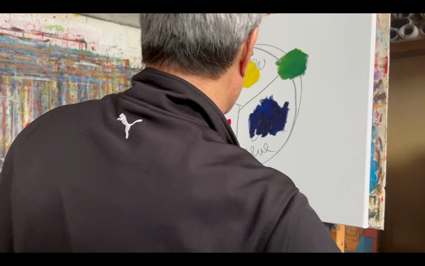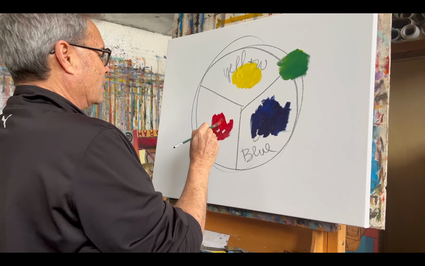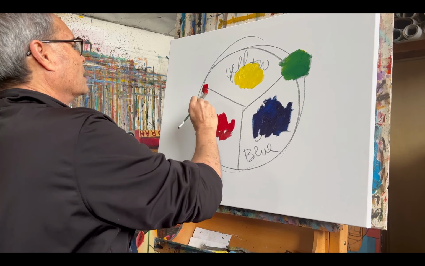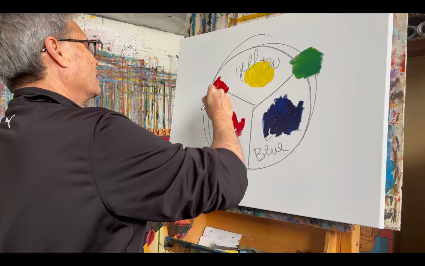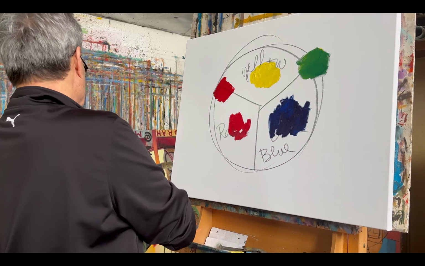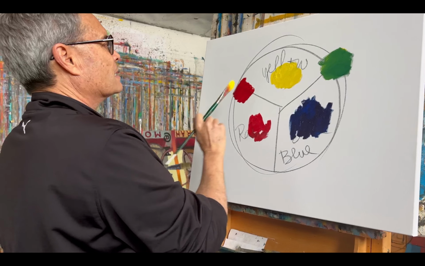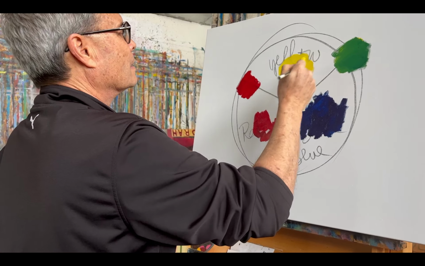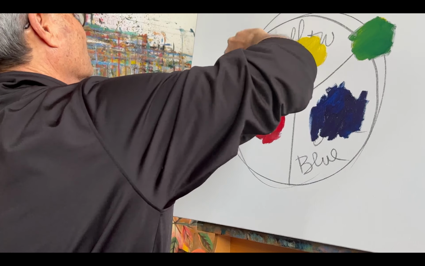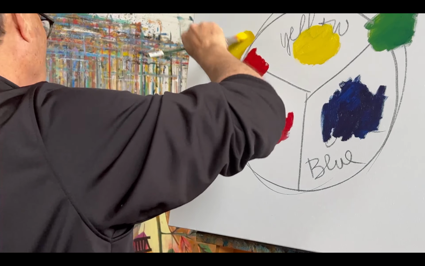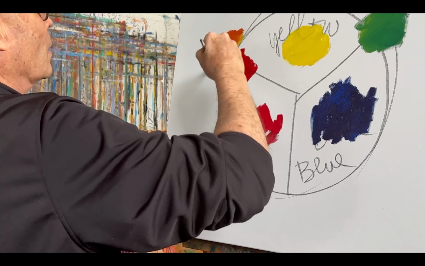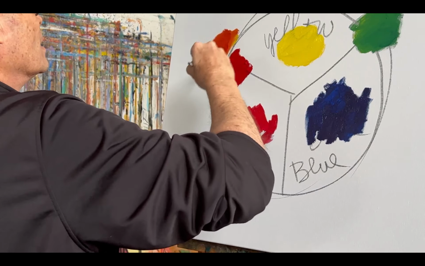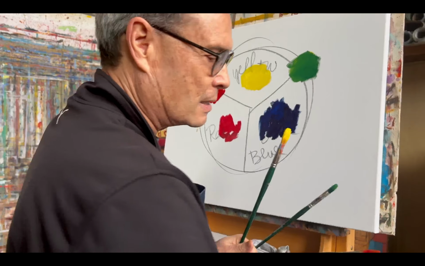If you want, let's say an orange, then you just take some red and mix in some, I'm going to need more yellow here, but mix in some yellow. And then you're going to get an orange.